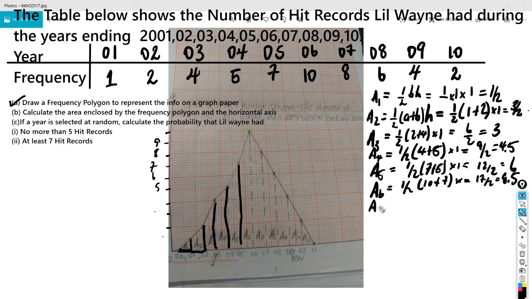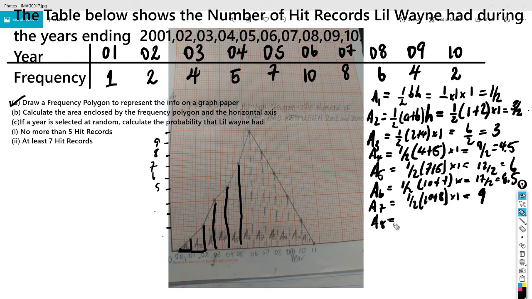Then we have A7, which is equal to 8 by 10, right? Am I correct? Yes, 8 by 10, which is a half times 10 plus 8 times 1, which is equal to 18 over 2, which is 9.